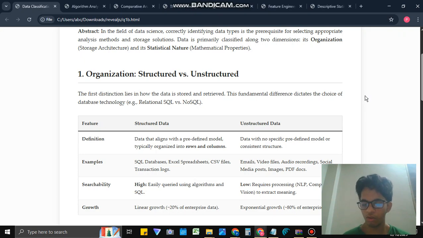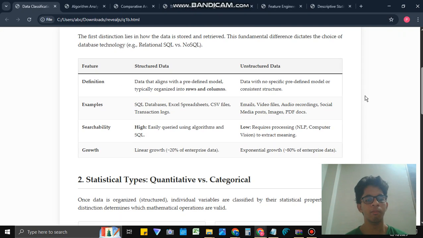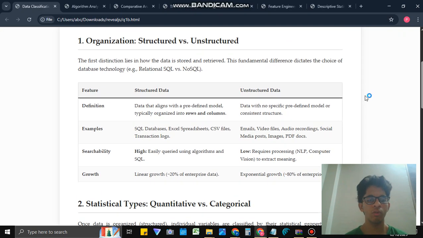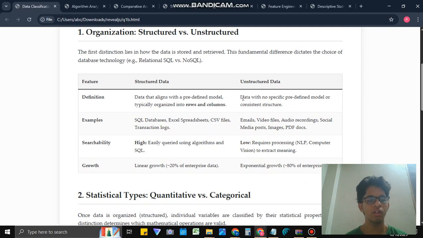The first question's B part is basically differentiating between structured, unstructured, quantitative, categorical data with real world examples. So let's start with the solution. Structured data is basically the data which we can have in rows and columns.